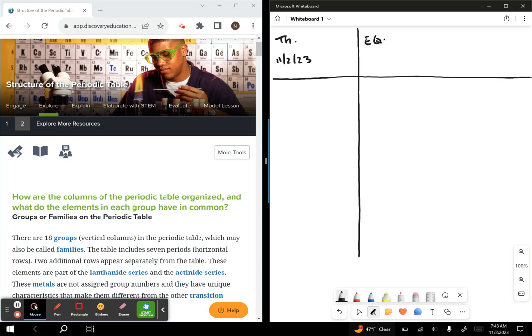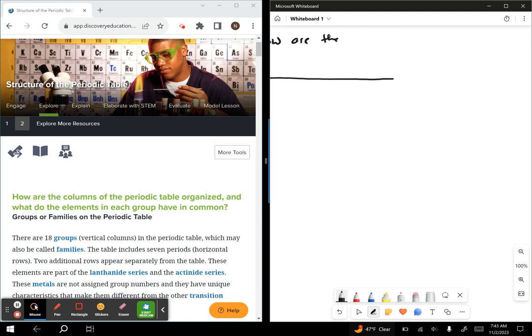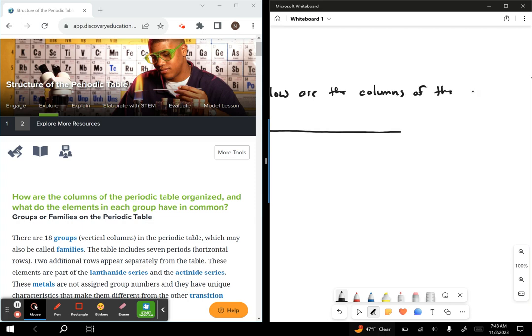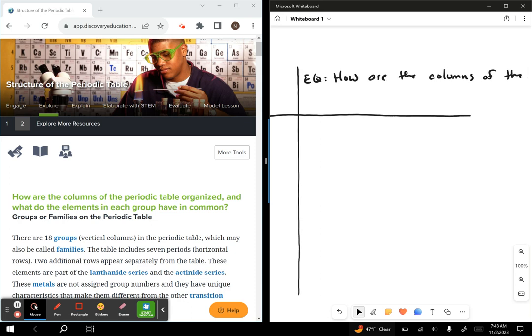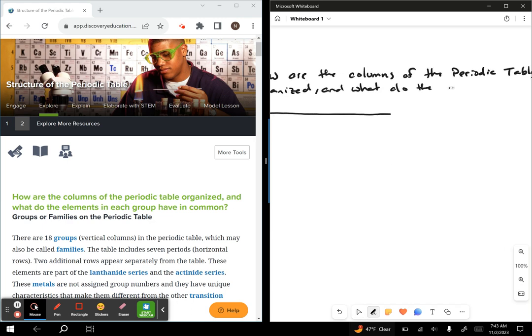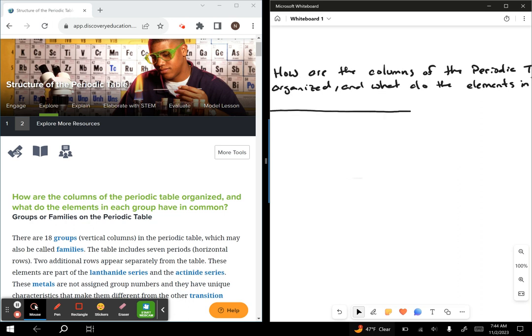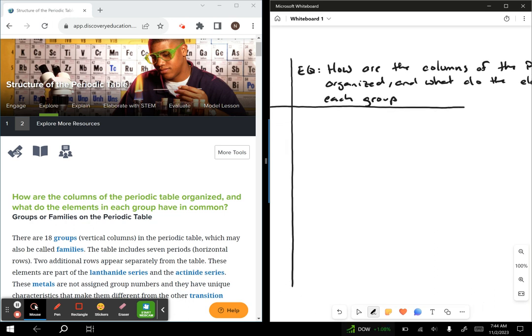And we'll go ahead and write down the essential question: how are the columns of the periodic table organized and what do the elements in each group have in common?